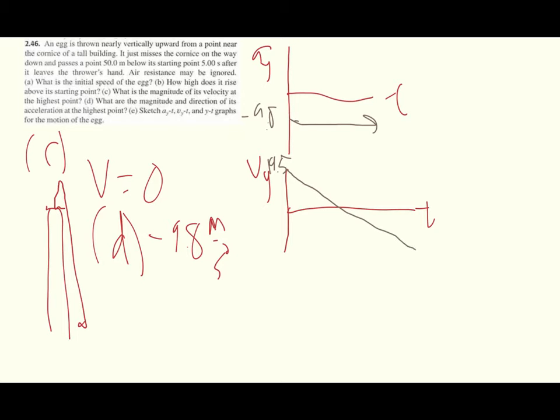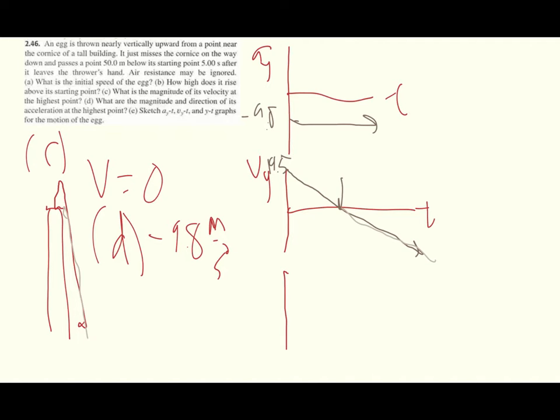Because it's a constant acceleration, our change in velocity is going to be constant. This is the point where it turns around at the maximum height, and then this is the point on the bottom. This is where it's going back down.